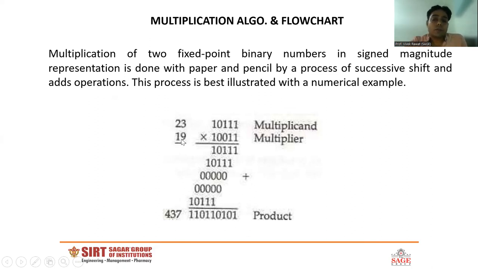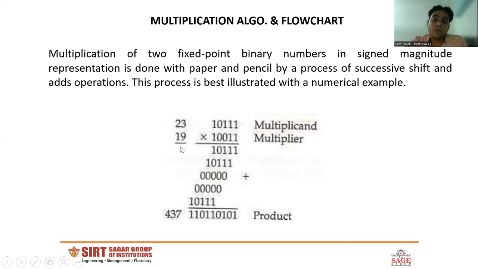The multiplication process says first you multiply 9 by 2 and 3. After this, you multiply 1 by 2 and 3. Then you add both multiplication results and you get the answer 437. This is a very simple process for multiplication. We have used this process since childhood.